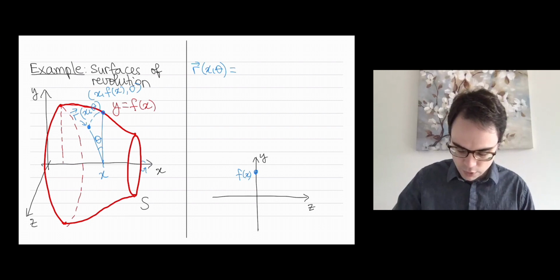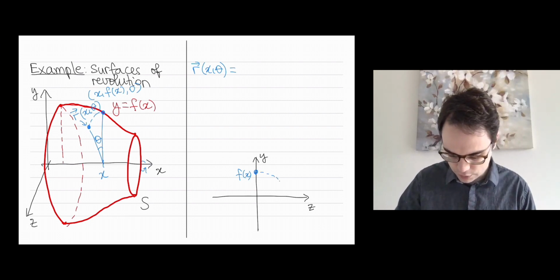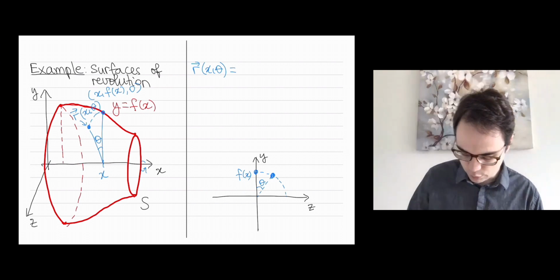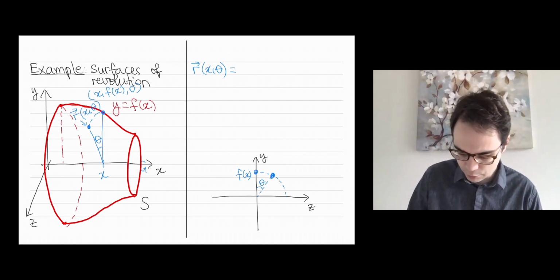And then I will rotate it. I'm going to move on the circle of radius r, rotate by theta and get another point. So what's this other point?